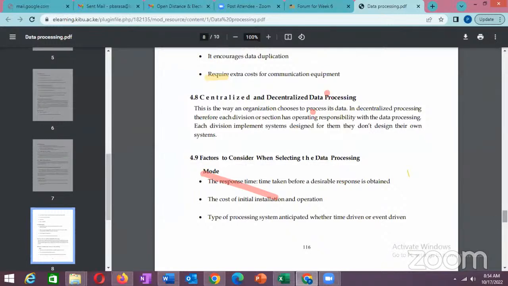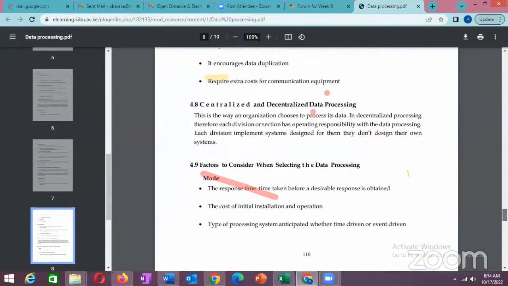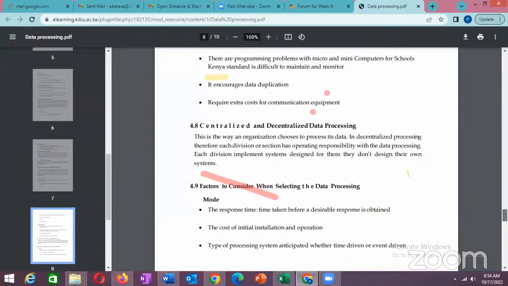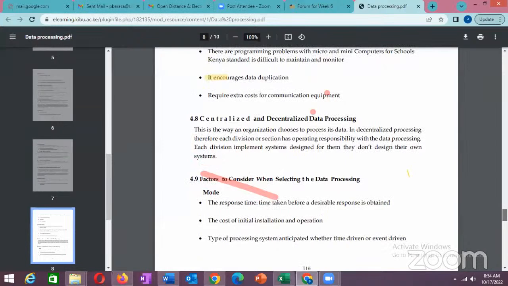So now we are looking at centralized and decentralized data processing. This is where an organization chooses to process its data.